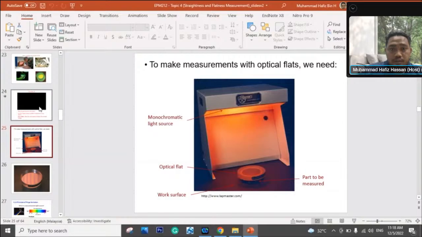So we use monochromatic light in order to filter out all the other unnecessary light, so only one wavelength penetrates the optical flat and then gives the fringe patterns. This is how the interference works, how they filter all the light until it comes out as a single wavelength of light.